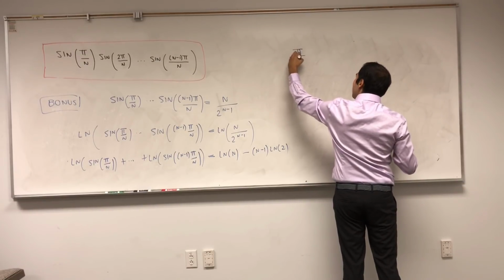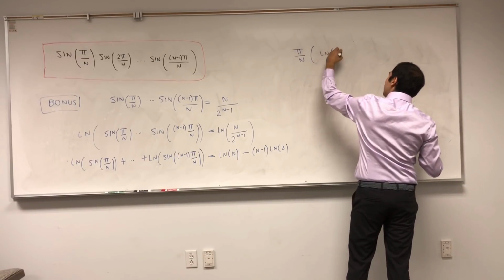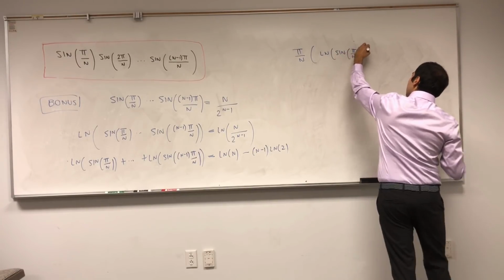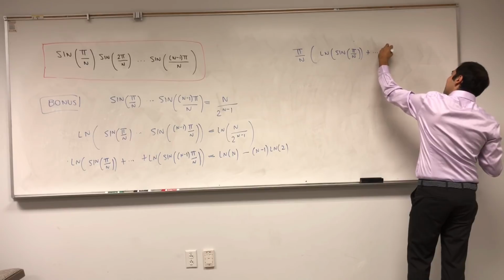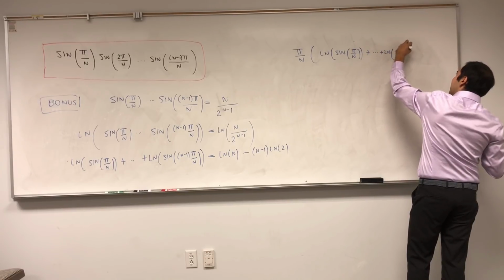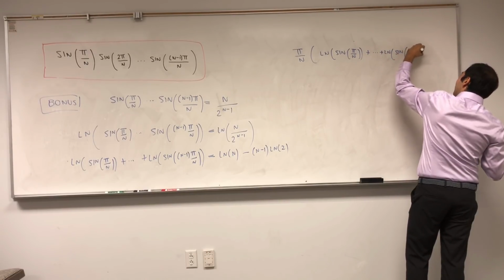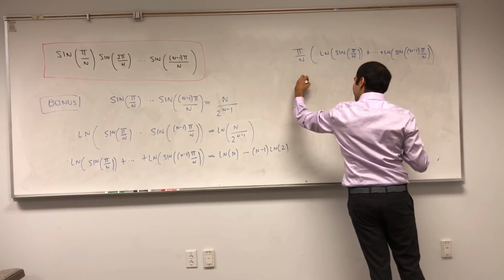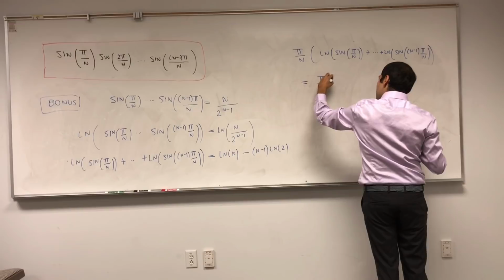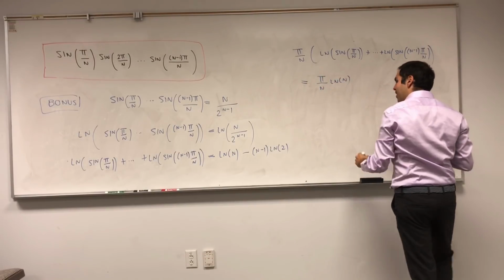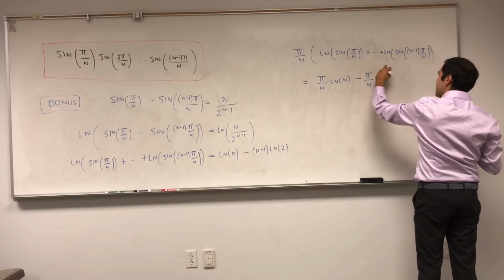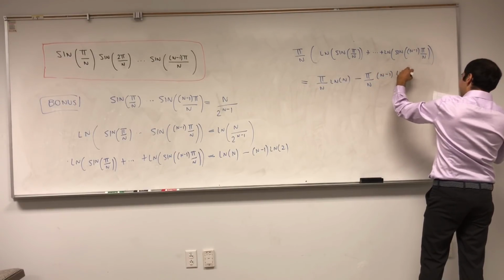So pi over n times ln of sine of pi over n plus dot dot dot plus ln of sine of n minus 1 pi over n equals pi over n ln of n minus pi over n times n minus 1 times ln of 2.